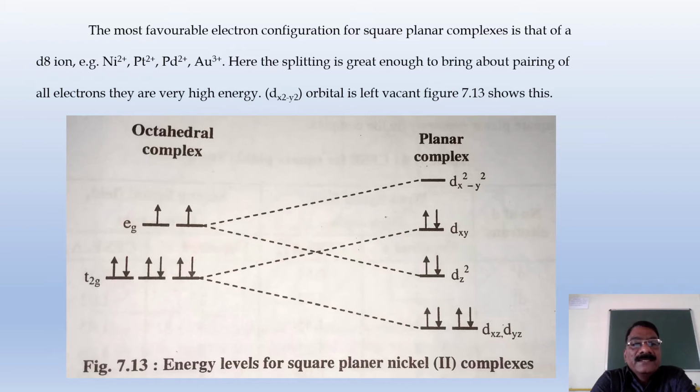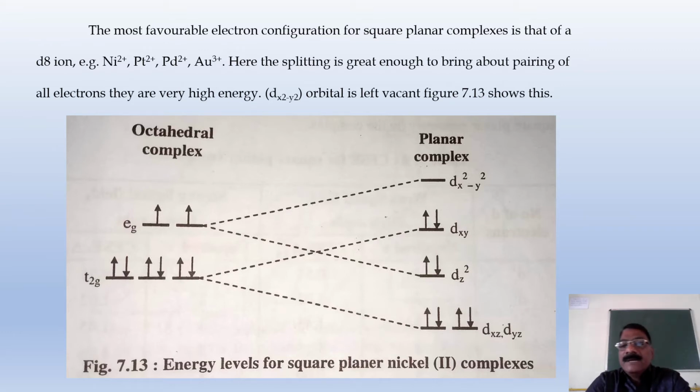See, when there is a d8 system, in T2g there are 6 electrons and in Eg there are 2 electrons. But after splitting, in the splitting sequence of the square planar complex, the energy is lowest for dxz and dyz, then dz square, then increases for dxy, and then increases for dx square minus y square.